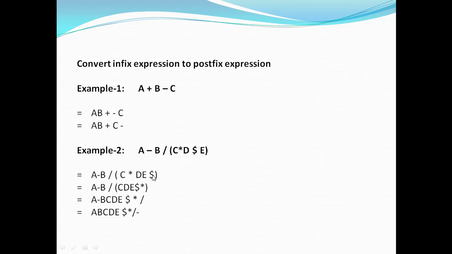So DE exponent, then CDE exponent multiplication, and after that B divided by this operand, so BCDE exponent multiplication, and the last one is the division. There is another operator at the lowest precedence, that is the minus. So ABCDE, then the exponent, multiplication and division, and at the last the subtraction operator.